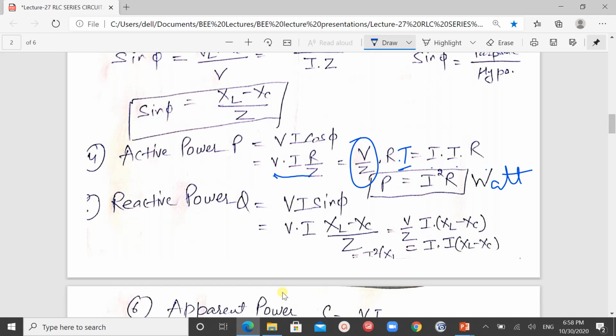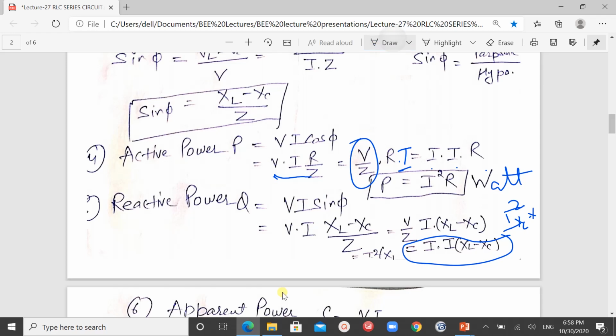Fine. Then reactive power, it is given as Q is equals to VI sin phi, and we put the value of sin phi, and we will get this result: I square into (XL minus XC).